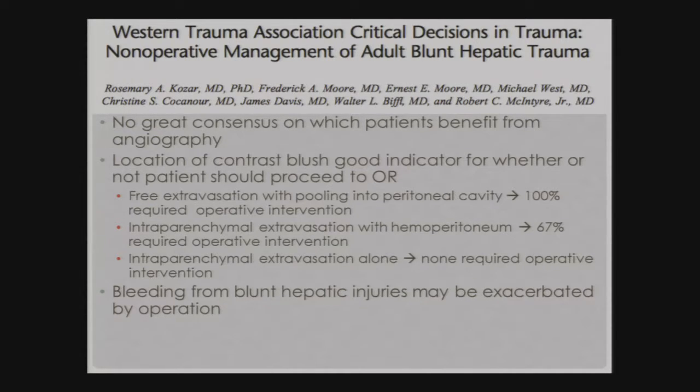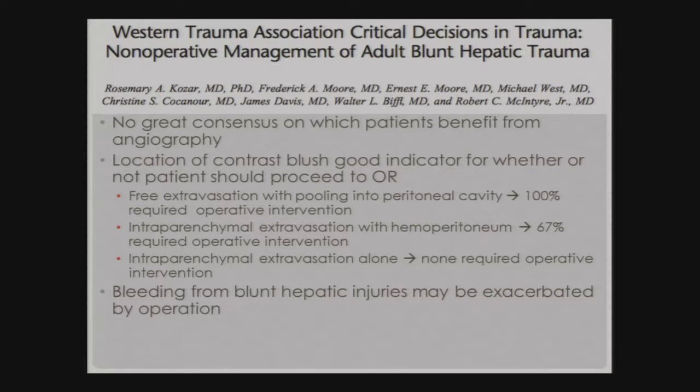And then intraparenchymal extravasation alone were able to be observed non-operatively, and all of those did fine. And then an interesting point that they also included in this paper is that bleeding from blunt hepatic injuries in the absence of other concomitant abdominal injuries may actually exacerbate the bleeding.